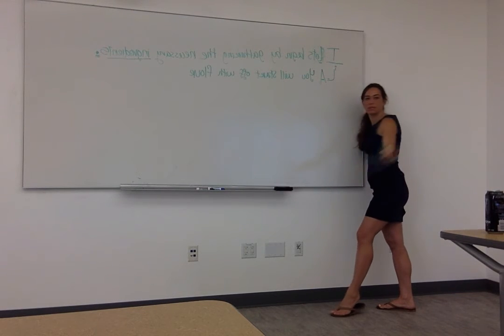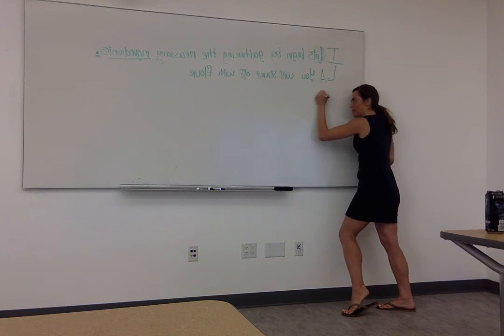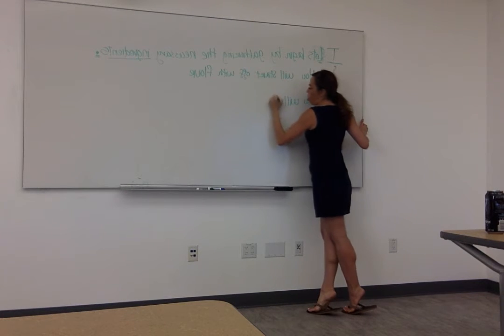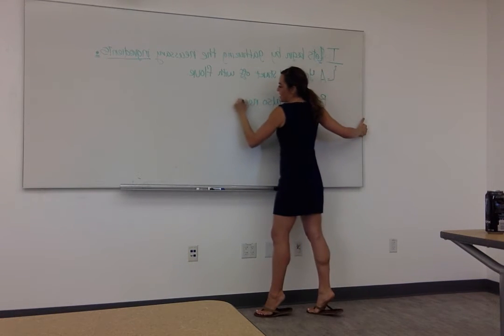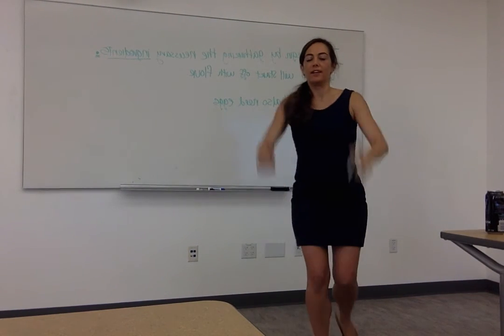Thus, I will use a symbol of what? B. Yes! Fantastic! So we will double space, we will put it here, and I will say, you will also need eggs, period. Yay, good.